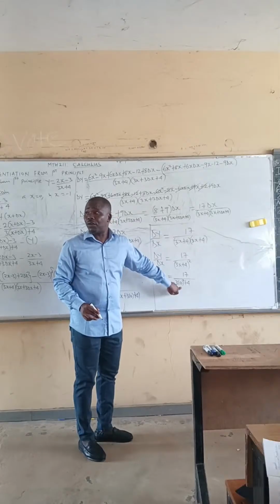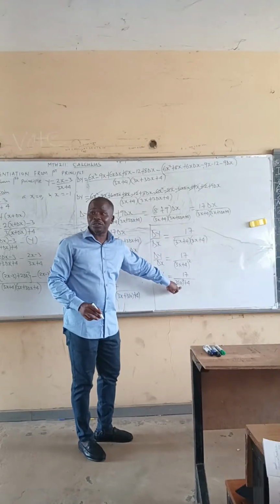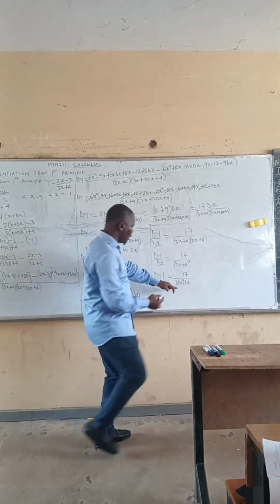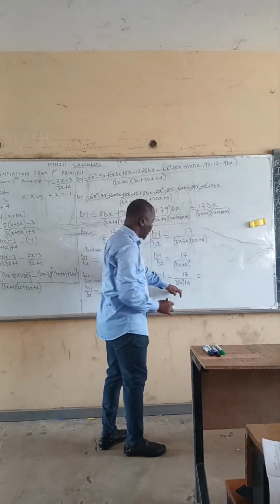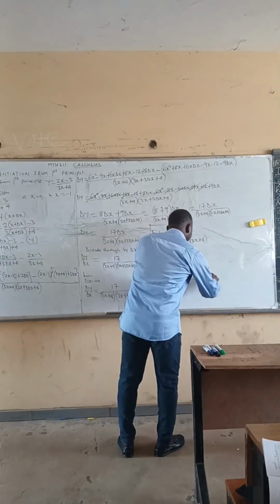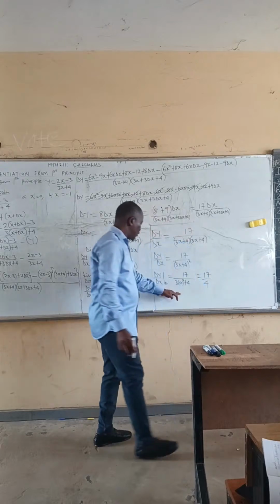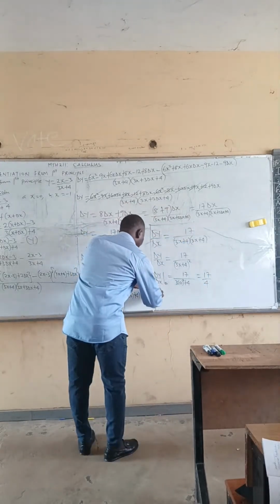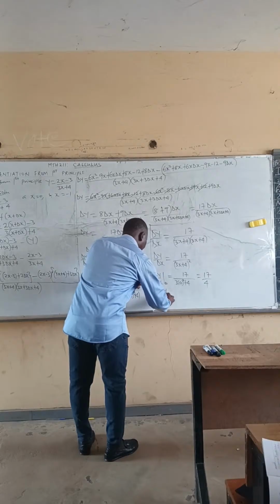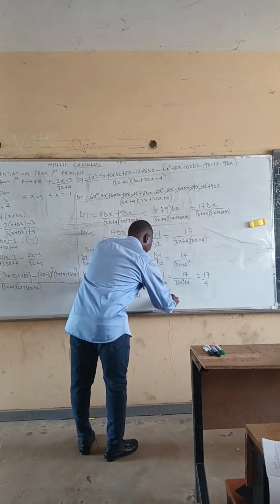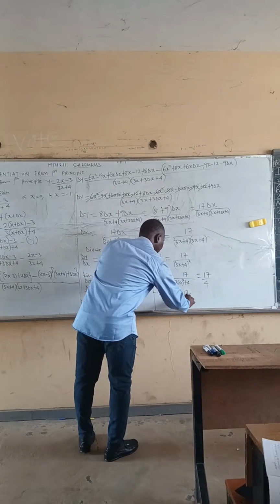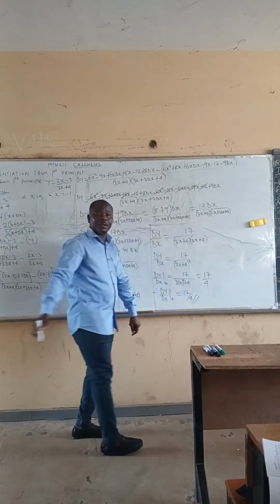Do you need a prophet to tell you? No. So here is 17 all over 4. This is the answer. So dy over dx at 0 is 17 over 4.